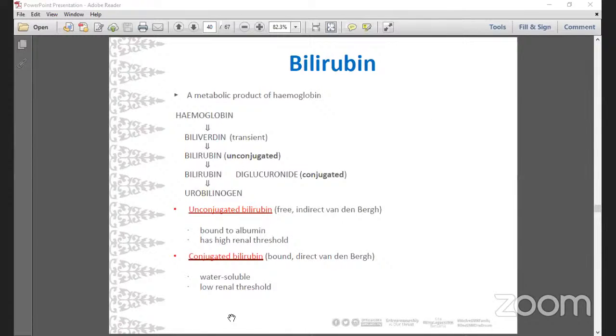Okay, bilirubin. Bilirubin is always associated with the liver, as a metabolic product of hemoglobin. From hemoglobin it is converted into bilirubin, and then it is converted to become unconjugated bilirubin.